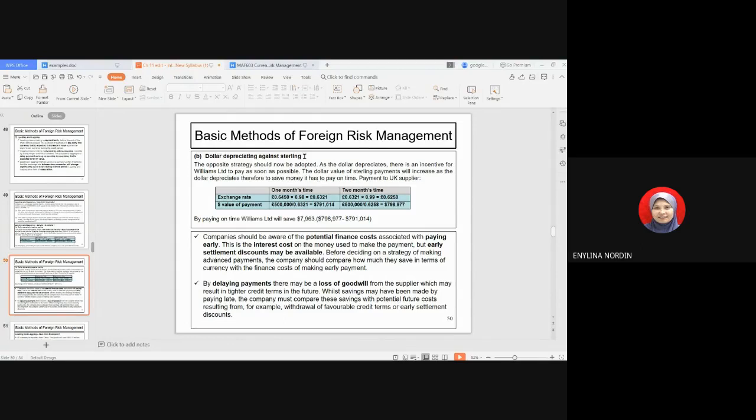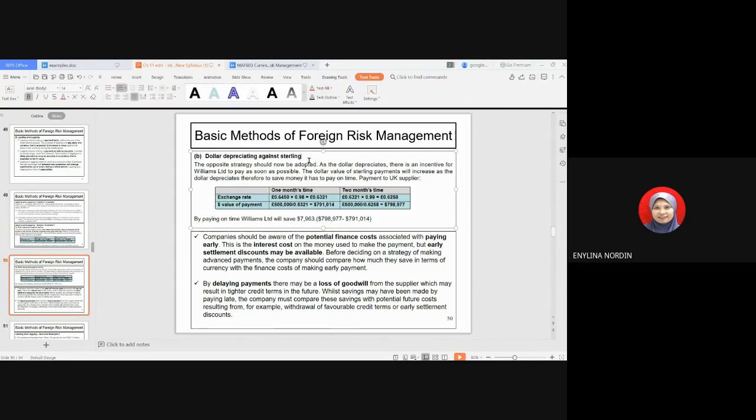Right. So in this case, I can write here: dollar will depreciate. So thus, sterling will appreciate. So that is the meaning of this situation.